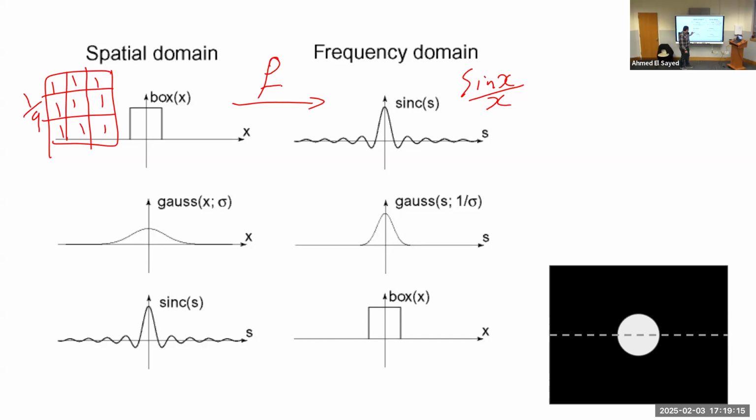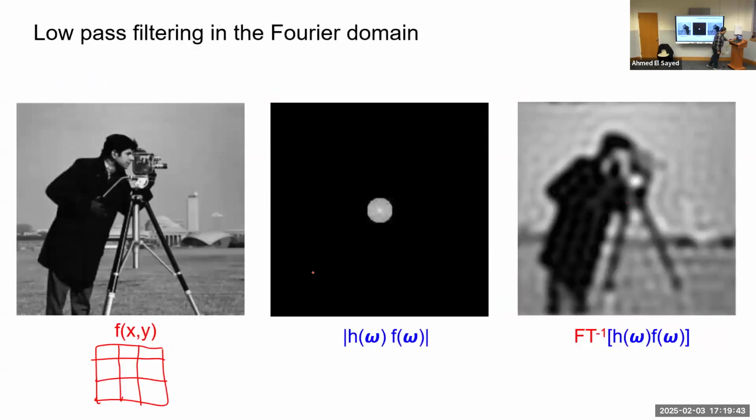If I apply the perfect filter, remember this is the perfect filter, right? That removes all the high frequency components and uses only the low ones. The Fourier inverse of that will be sinc. So this image that I just saw is a convolution between the regular image and sinc.